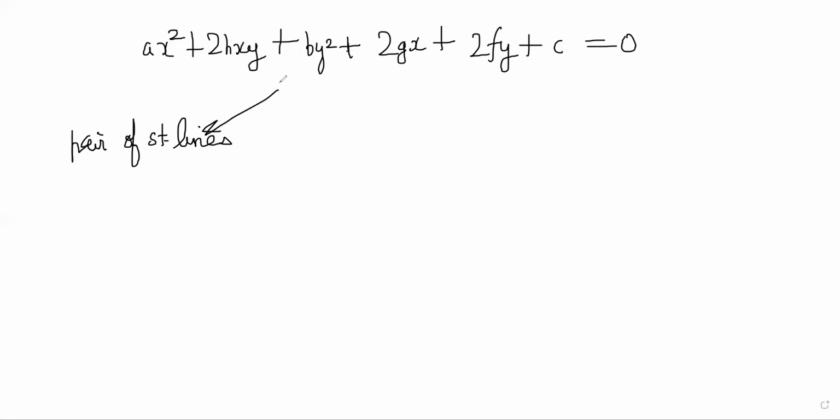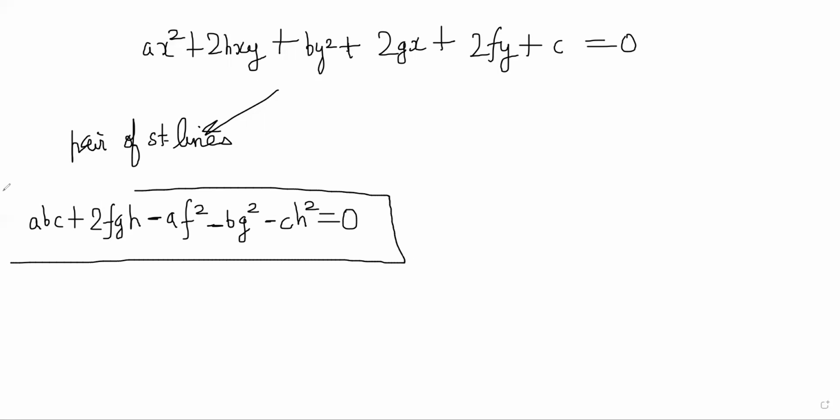The condition that came out of it was abc plus 2fgh minus af square minus bg square minus ch square is equal to 0. If this is true, then it is a pair of straight lines. And it is a circle if a is equal to b and h is equal to 0.